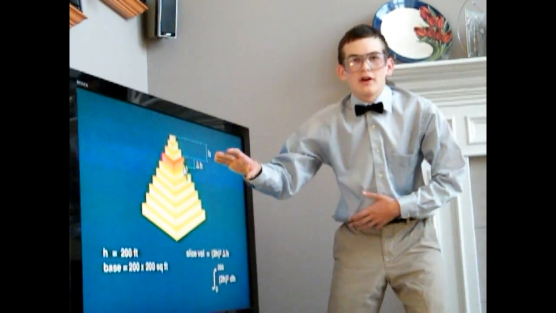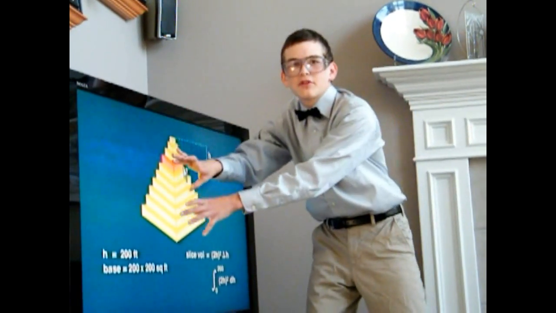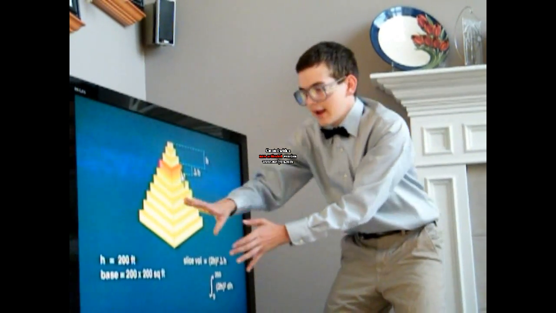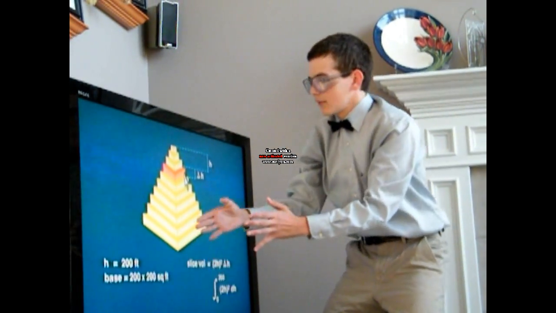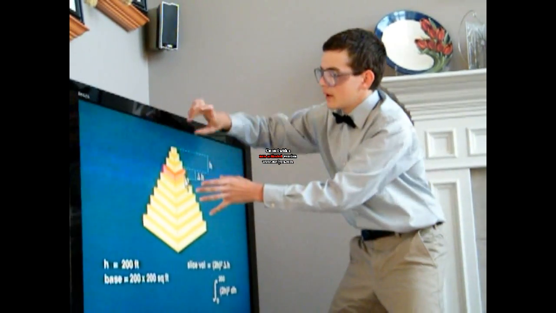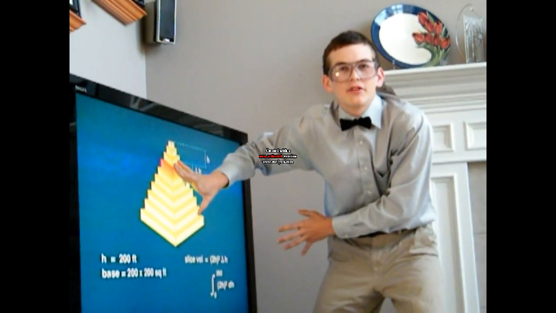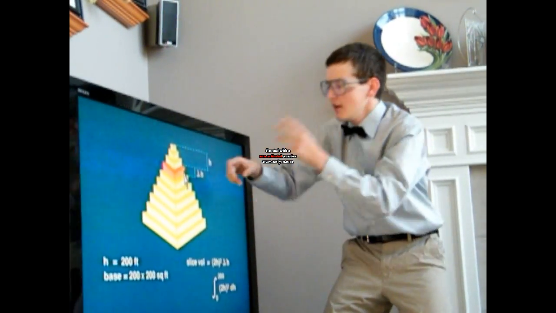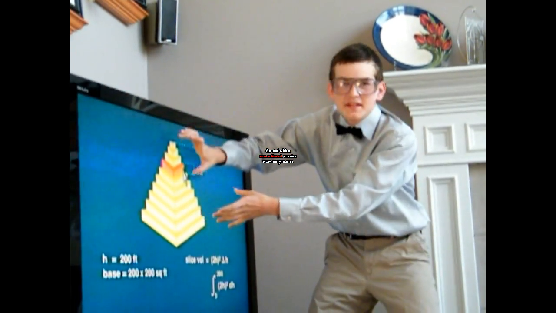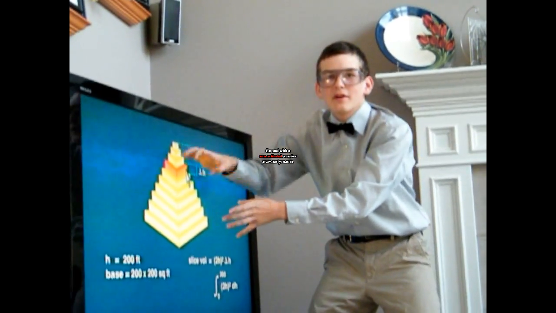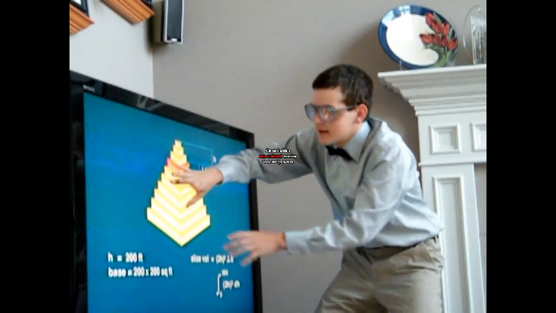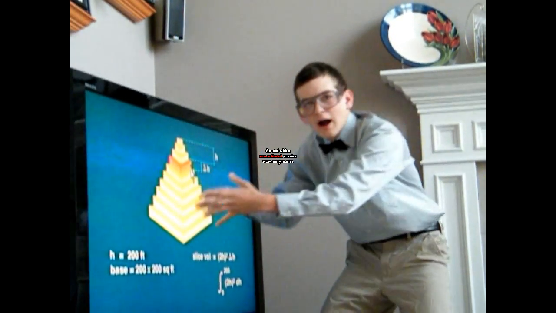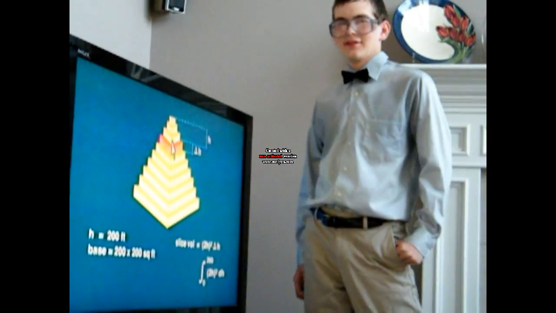Now, the algebra is much easier going from the top to the bottom. You see, I made it so that the height and the base are 200, so that when you go from the top to the bottom, the distance from the top is the same as the perimeter and area around such a slab.